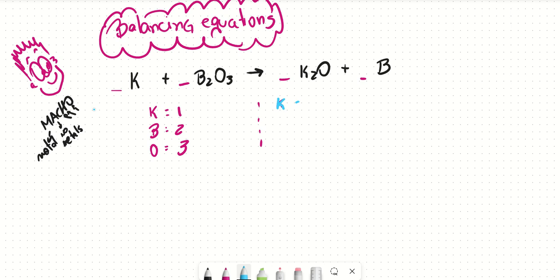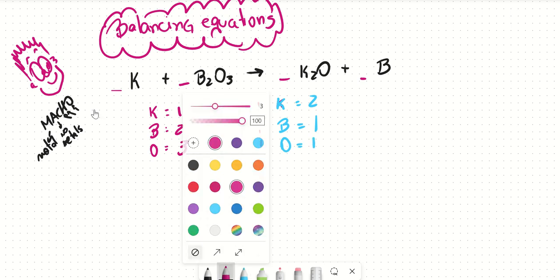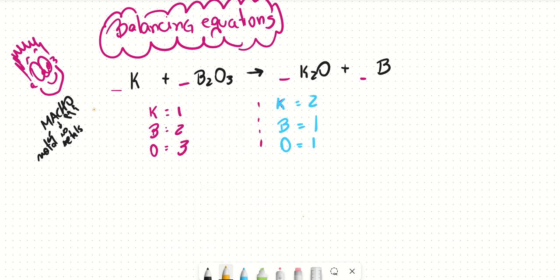On the other side I have 2 potassium, 1 boron, and 1 oxygen. So I will start with the metals, right? Here I have 2, and on this side I have just 1. So we're going to multiply here by 2. So now I have 2 on this side and 2 on the other side.